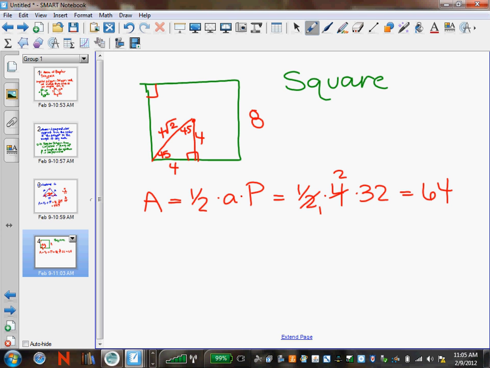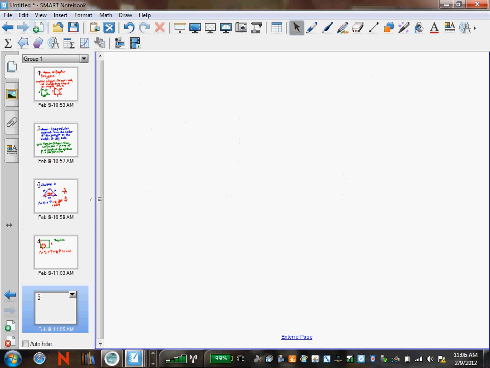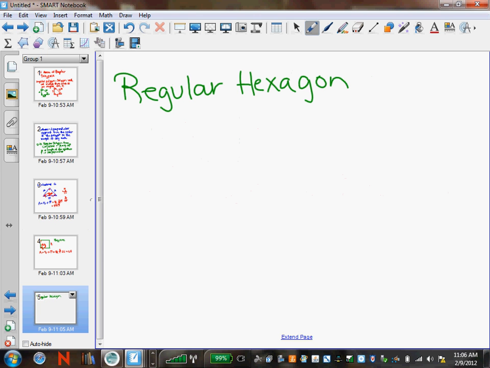The other one that I want to talk about is a regular hexagon. So we know a regular hexagon has 6 sides, and we know because it's regular that all angles are 120 degrees all the way around.